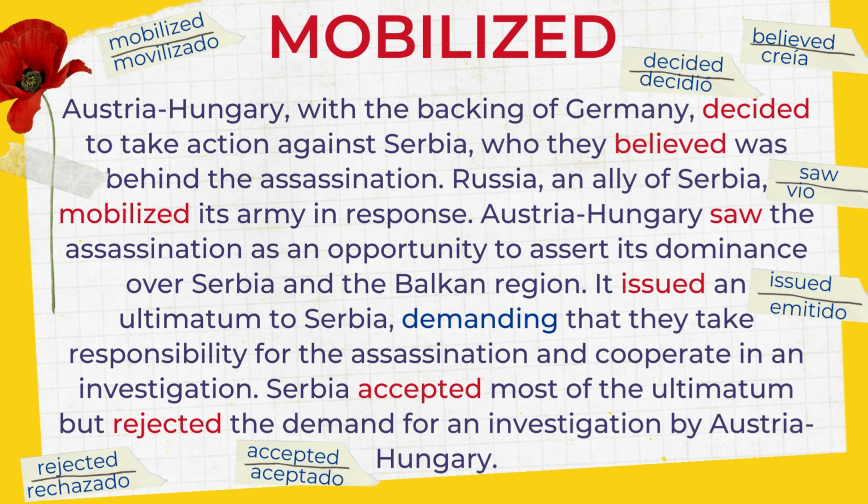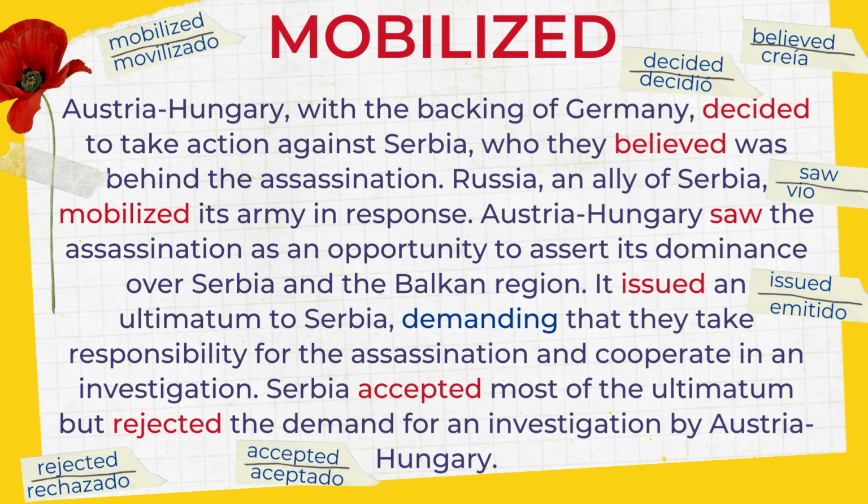Austria-Hungary, with the backing of Germany, decided to take action against Serbia, who they believed was behind the assassination. Russia, an ally of Serbia, mobilized its army in response. Austria-Hungary saw the assassination as an opportunity to assert its dominance over Serbia and the Balkan region in general.